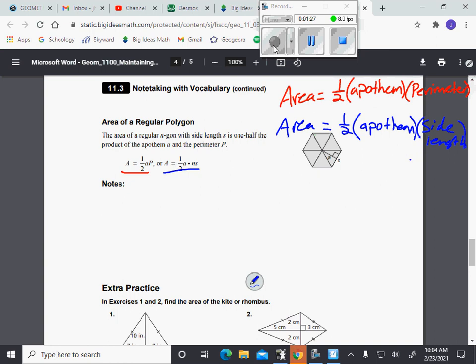And that's where we get perimeter. So area is 1/2 the apothem times the perimeter, or area is 1/2 the apothem times one side length times the number of sides, which is essentially the perimeter. Okay?